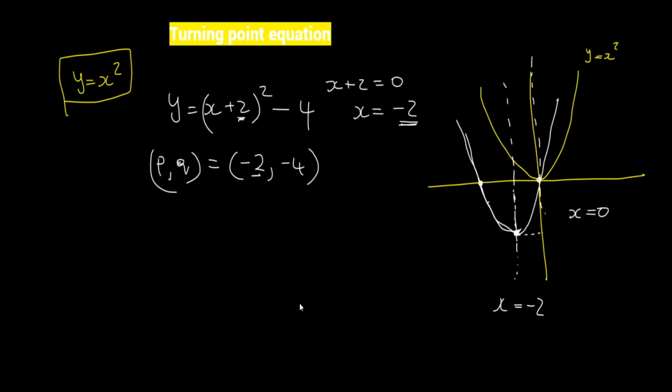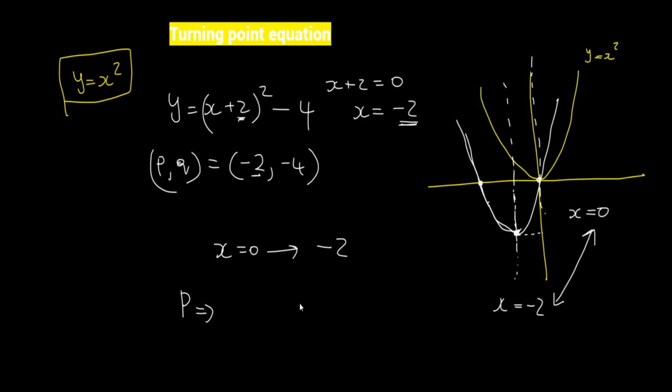What is it that you can see here? What can you conclude from this? You can see that we have x from 0 to minus 2. That means our graph shifted to the left by 2 units. So you can already see the influence of p: the p value shifts your graph to the left or to the right.